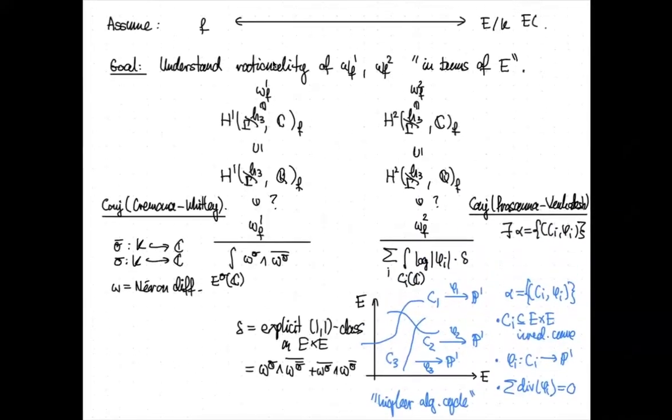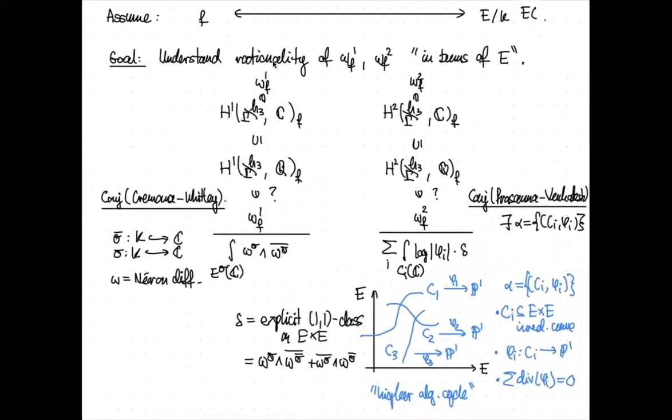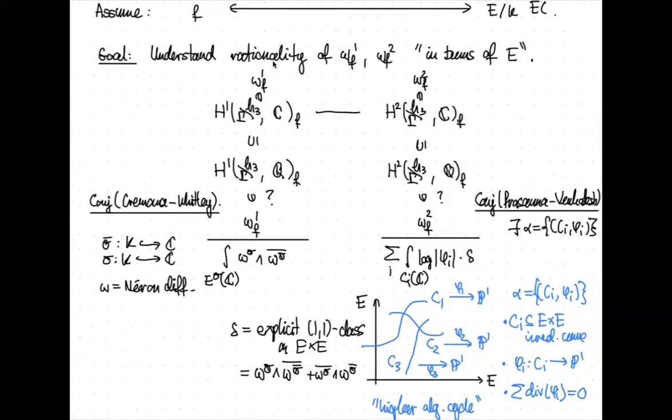Here's one way you could think about this whole story. I gave you some explicit ways in terms of the elliptic curve to predict the rationality of omega f1 and omega f2. Maybe one perspective taken in this work of Prasanna and Venkatesh is that there's a very natural map going from H1 to H2, which just sends the first form that you get to the second form that you get. But this map is not rational. Neither of the things are rational, and you have to rescale them in different ways.